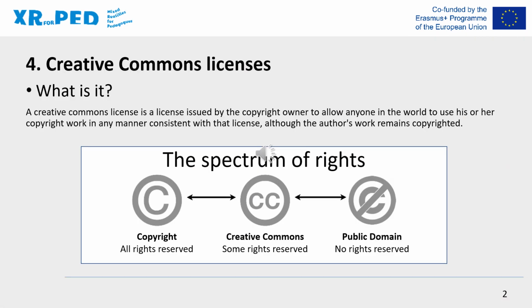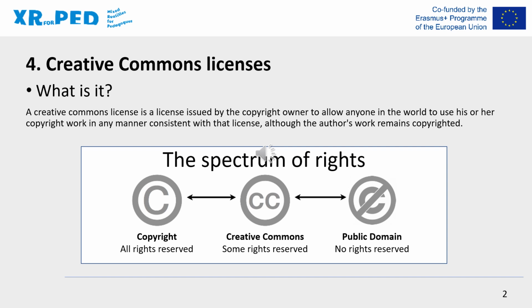A Creative Commons license is a license issued by the copyright owner to allow anyone in the world to use his or her copyright work in any manner consistent with that license, although the author's work remains copyrighted.